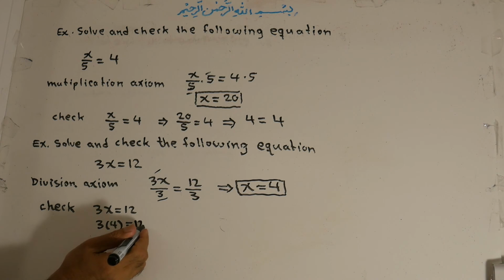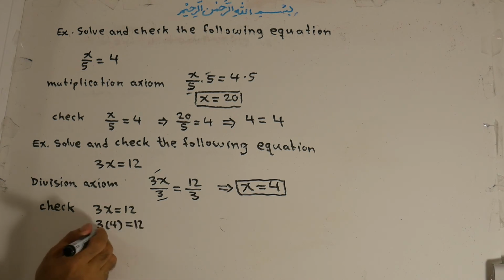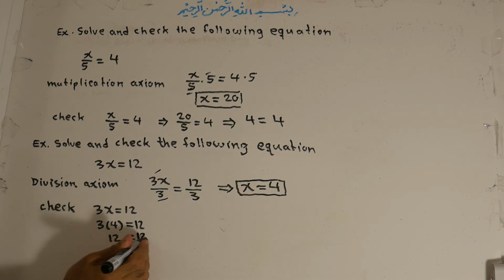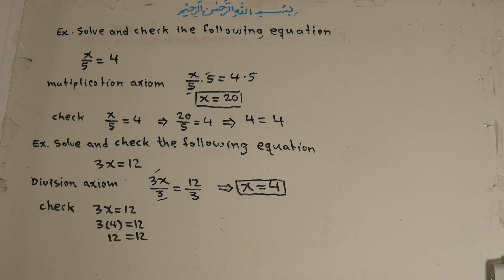From here, 3 times 4 is 12. 12 is equal to 12. Now we know that the answer is correct for this equation.